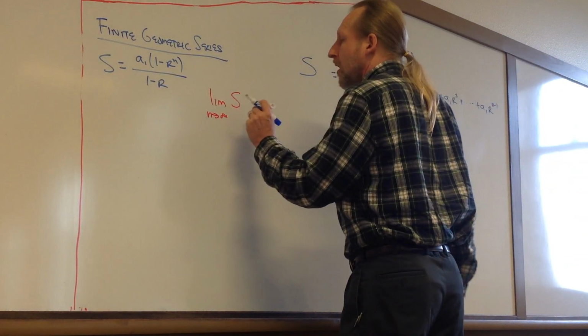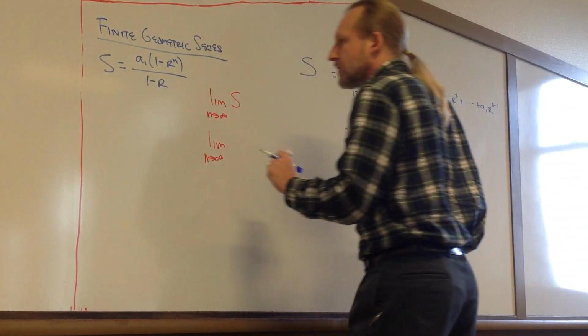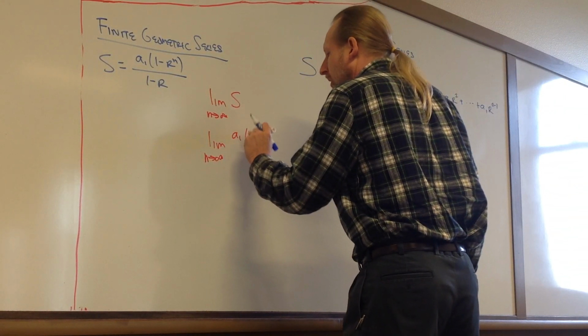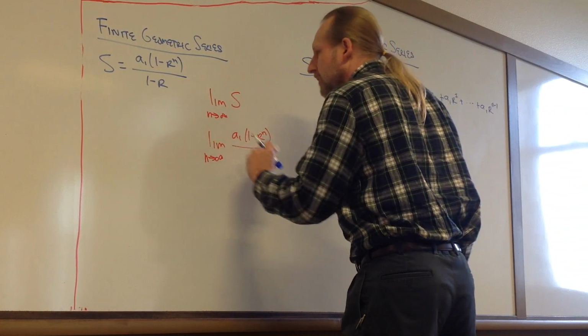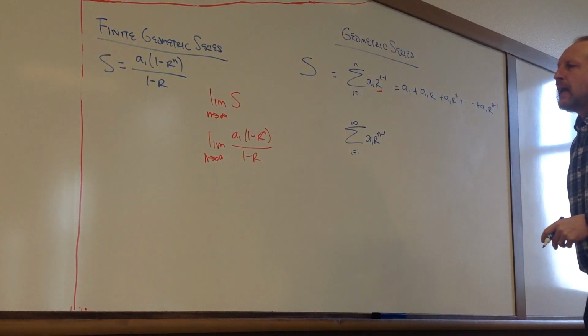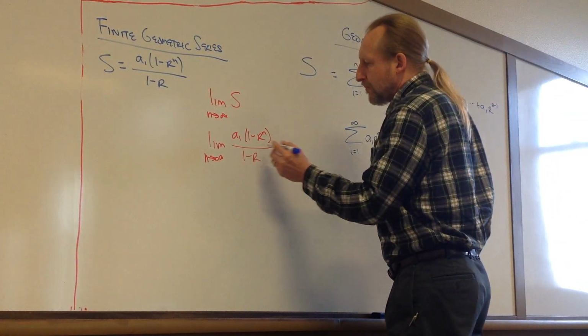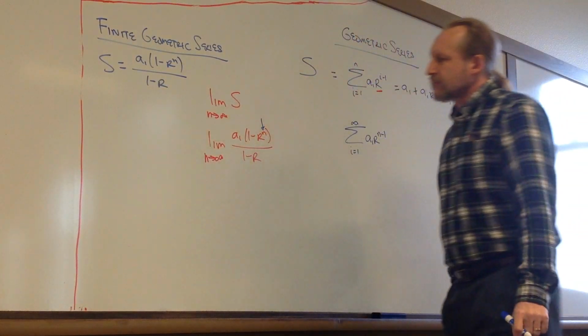Okay? So this will be the limit as n goes to infinity of a1, 1 minus r to the n power over 1 minus r. And what's essentially going to happen here is that the only place where you see the n is right here.